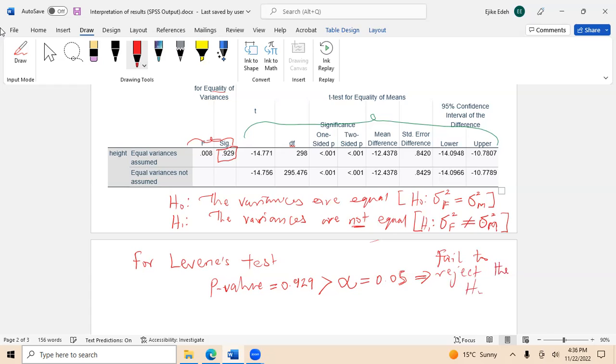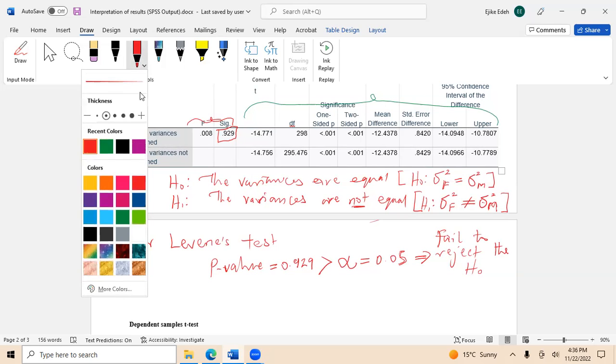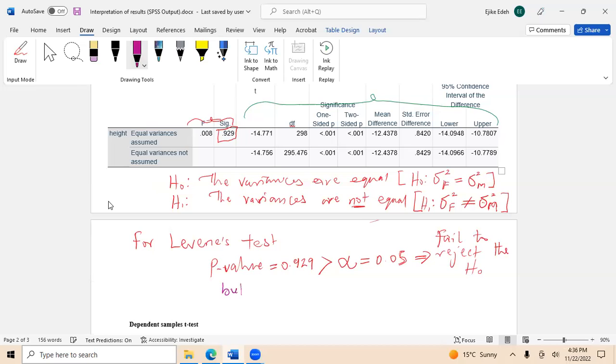We fail to reject H0, okay? And the opposite is true. If p-value is smaller than alpha, we reject H0. I can write that down just for clarity, and let's use a different color to do that. Maybe purple. But if p-value is less than alpha, we usually reject H0.